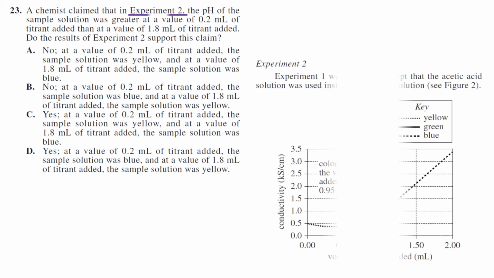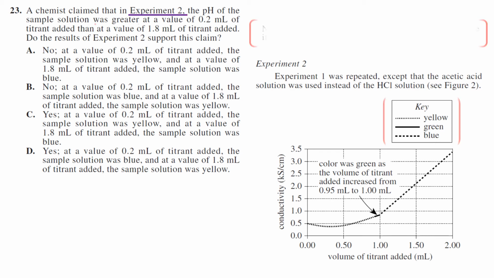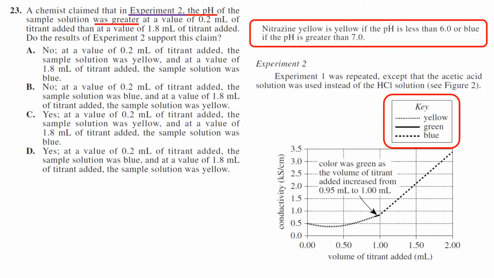A chemist claimed that in experiment 2, so put your finger on experiment 2, the pH of the sample solution was greater at 0.2. So pH, if something is less than 7, it's acidic, greater than 7, it's basic or alkaline. We know it tells us if it is yellow, it has a pH less than 6. If it is blue, it has a pH greater than 7. So they claimed the pH was greater at a value of 0.2, and that is not true.